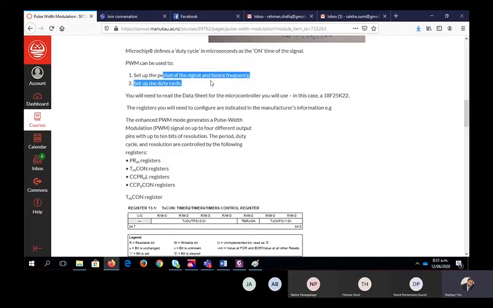That means I need to use a timer, and that timer I can use from any of the timers. So pulse width modulation has different output, period and duty cycle resolution. So this period, if you take a look, I need to configure these 4 parameters.